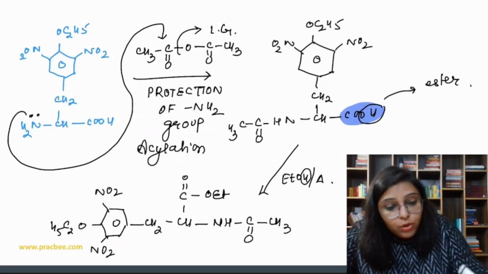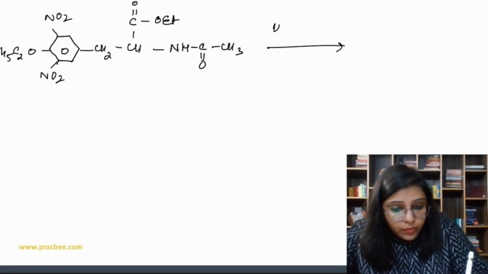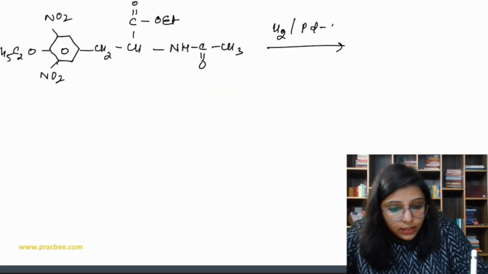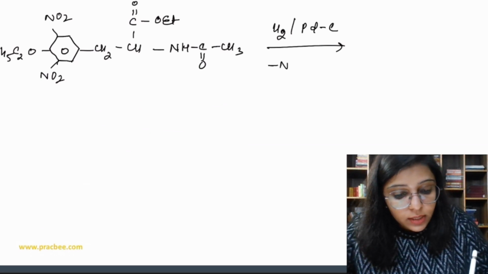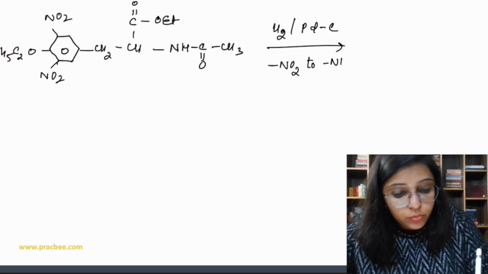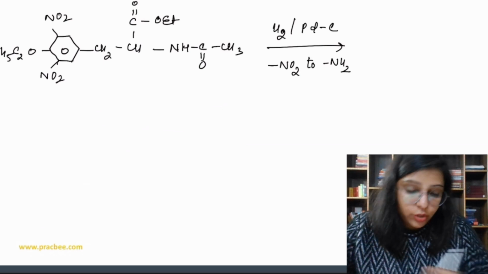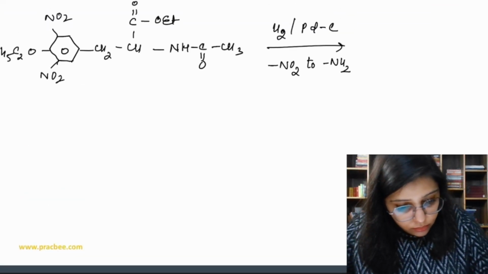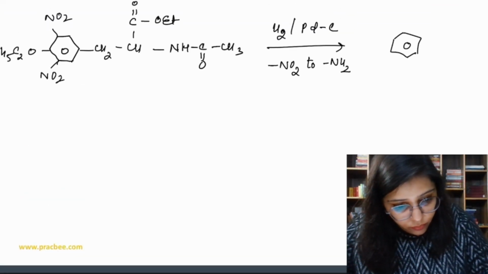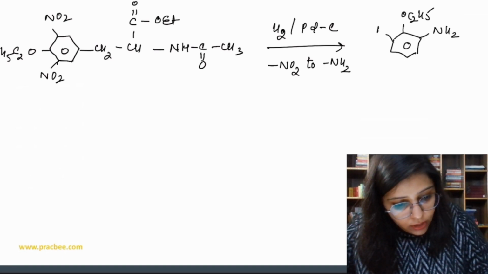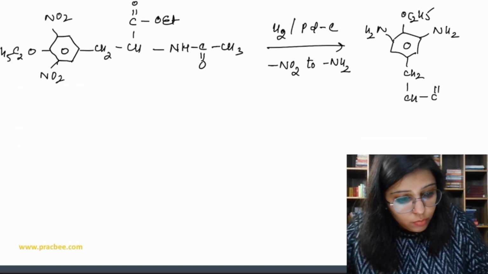It reduces NO2 group to NH2 group. H2 Pd/C, so it reduces NO2 to NH2. So let me rewrite. So we get OC2H5, NH2, NH2, then CH2, CH, C double bond O, OC2H5, NH, C double bond O, CH3.